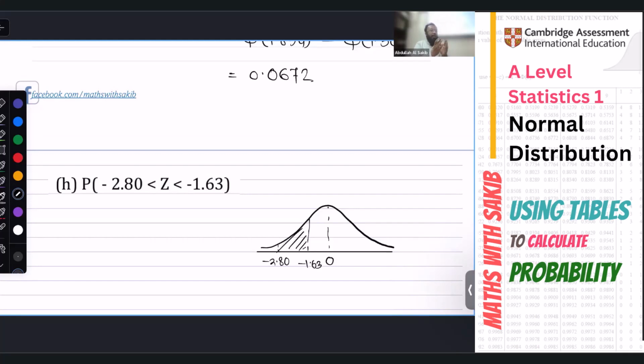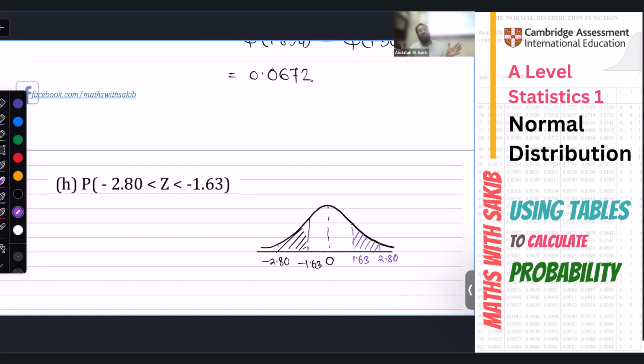Clear? But as I said earlier, the normal distribution curve is a symmetrical curve. That means if we have a value on the x-axis at minus 1.63, we have the same value on the x-axis at 1.63. So let's say this value is 1.63 and this value is 2.80. If we find this area, these two areas will be equal, isn't it?